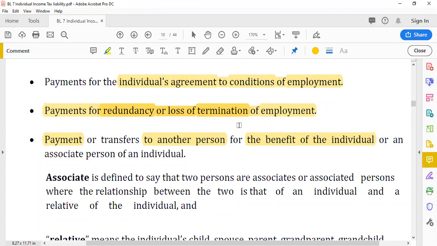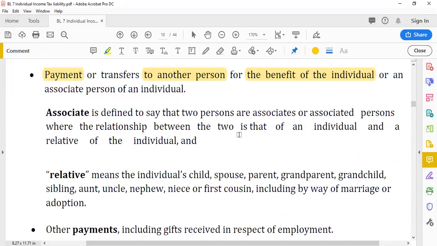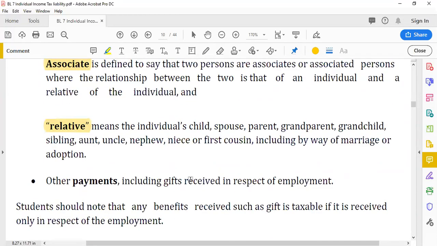The company did not pay the money to you, but the company pays that bill at the hospital. This 1 million amount should also be treated as income. And there is a difference between what is an associate person and what is a relative. So it's up to you.